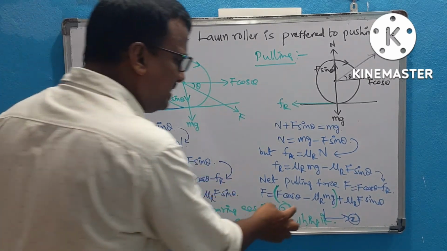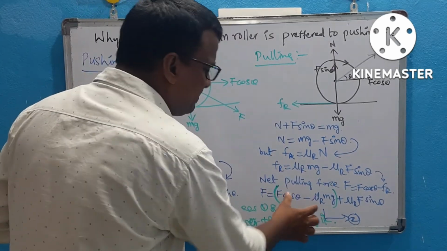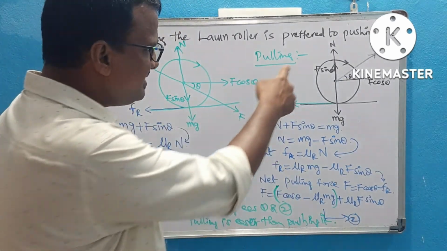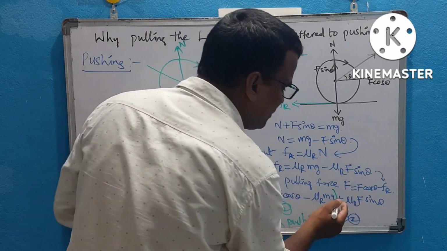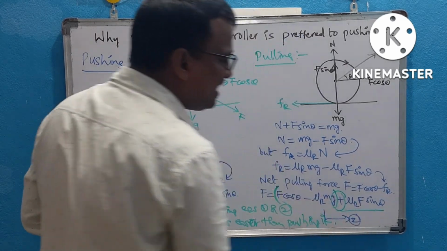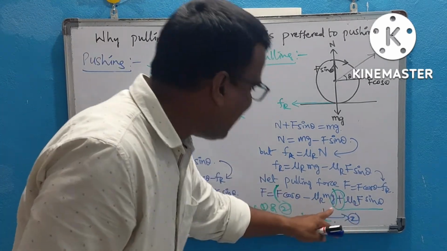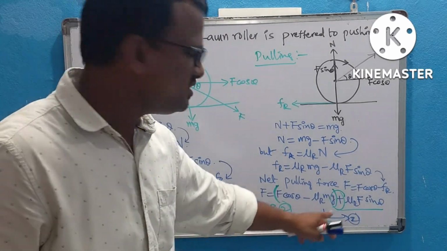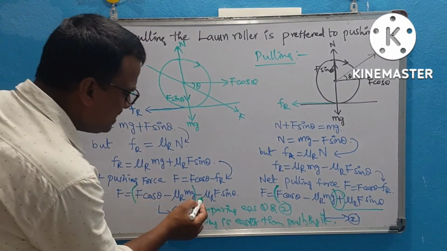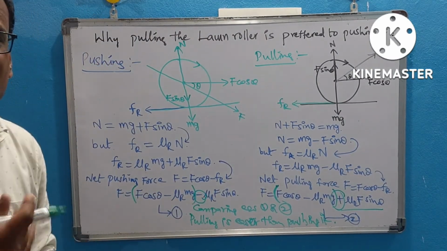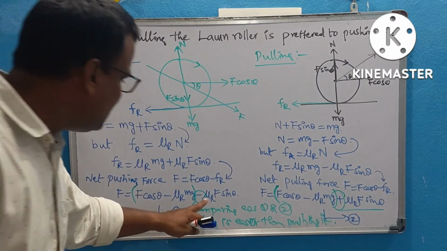But here, the same pulling force is applied on the lawn roller, and the mu r F sin theta force is added to this applied force. But in pushing, the mu r F sin theta force is eliminated, deleted from this force.